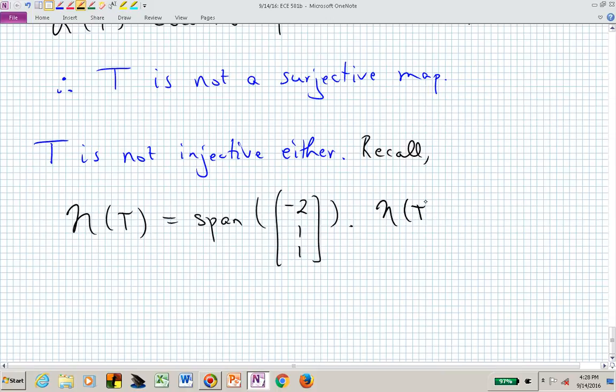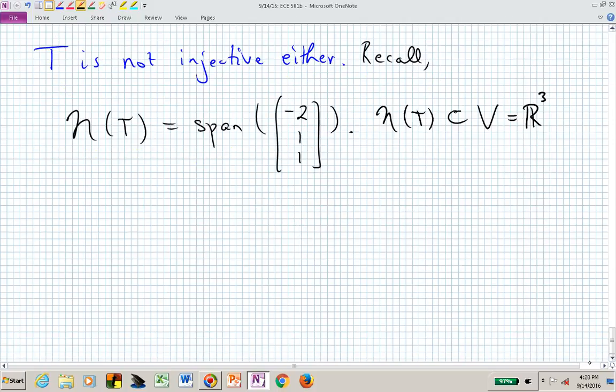And in this case, the null space of T is a subspace of our input vector space V, which is R3, but in terms of injective, what did we need for a map to be injective?